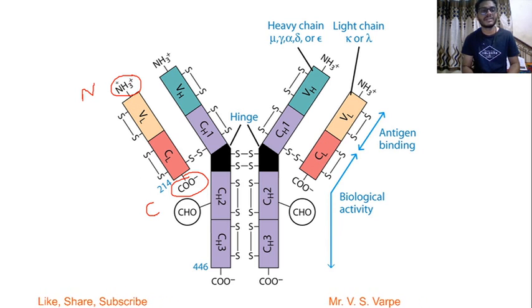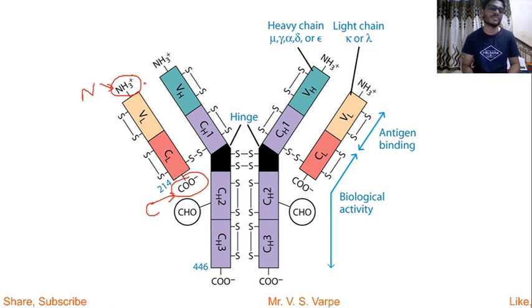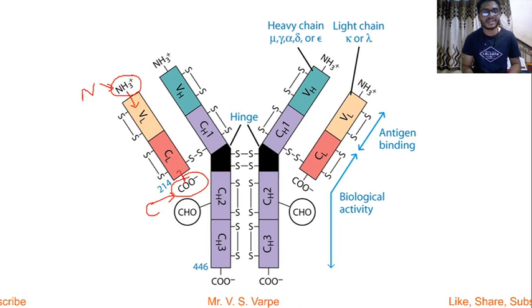The N terminal has the amino group and the C terminal has the carboxy group. The amino group is attached to the variable light chain, and the carboxylic group is attached to the constant light chain. This one is the complete light chain.